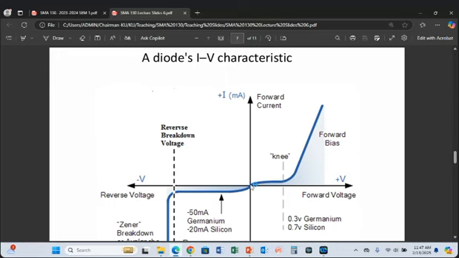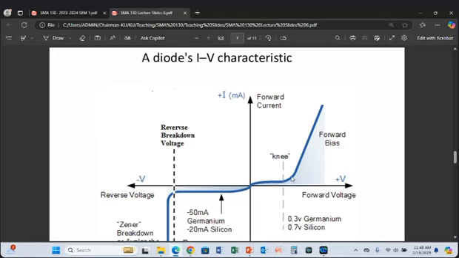Let me get back to this graph. Look at this graph. Here, the current is very small as we increase voltage from 0 to a certain value. Now, what is happening here? You are forcing current to cross the depletion region.